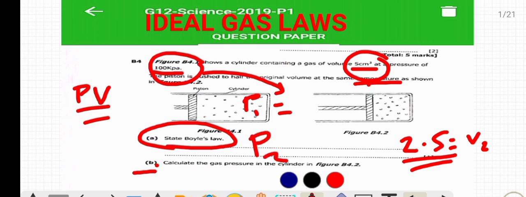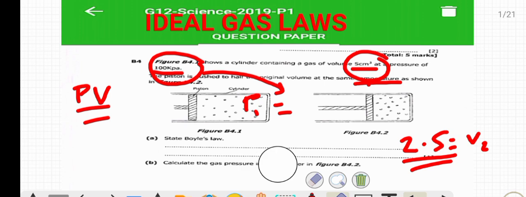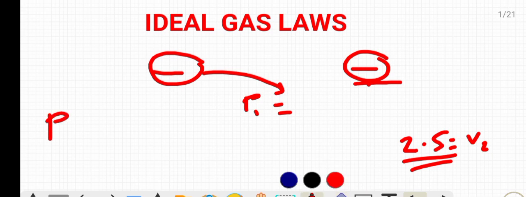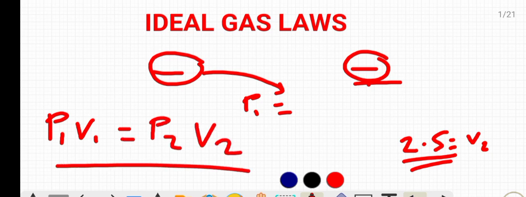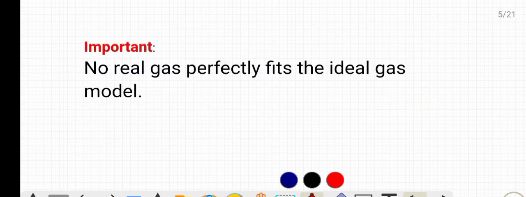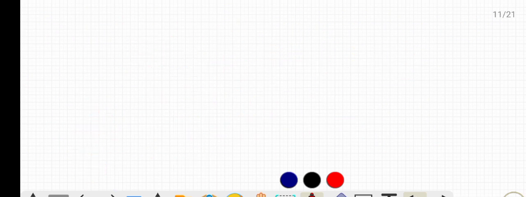If we observe clearly, what we are going to use is this formula: P1 V1 is equal to P2 V2. This is what's going to give us the correct answer on that question. So try it. That's 2019.